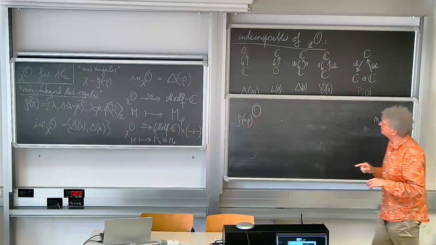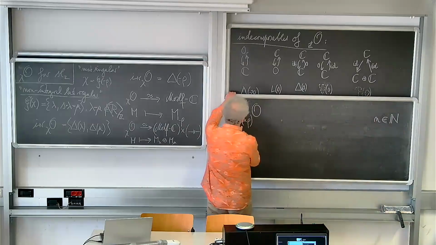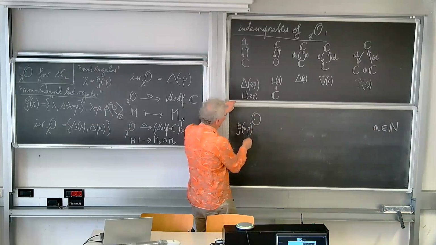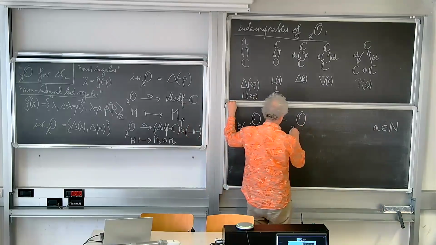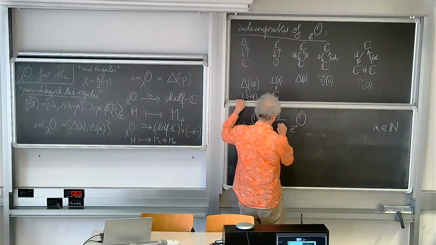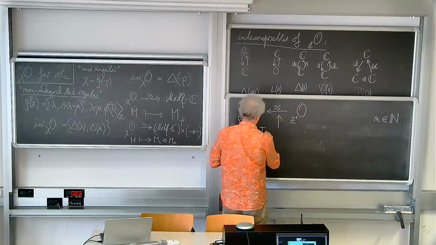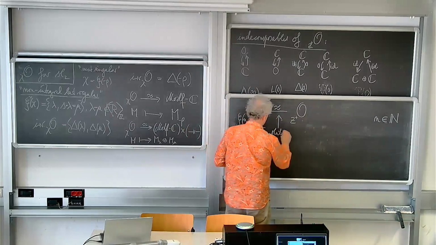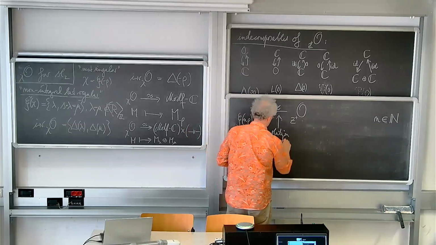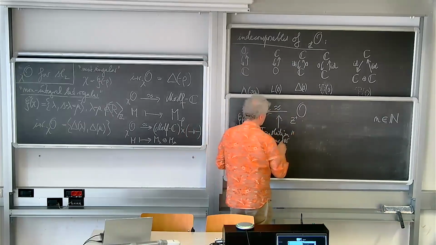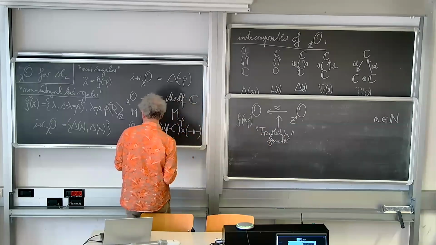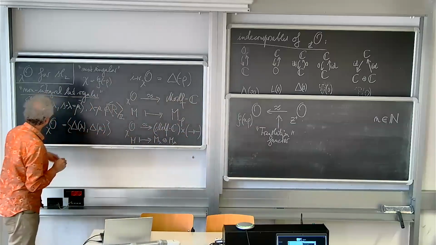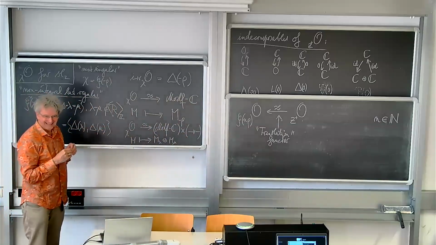I had just the trivial central character, but all these categories, in fact, are all equivalent to O_0 plus by something called a translation functor. And this is also something I still have to explain. But modulo this, we now have a complete understanding of category O, at least for SL2.